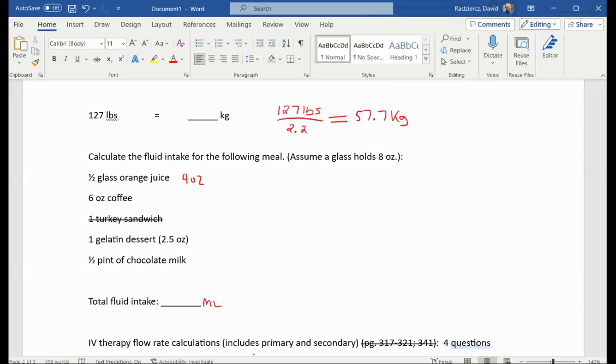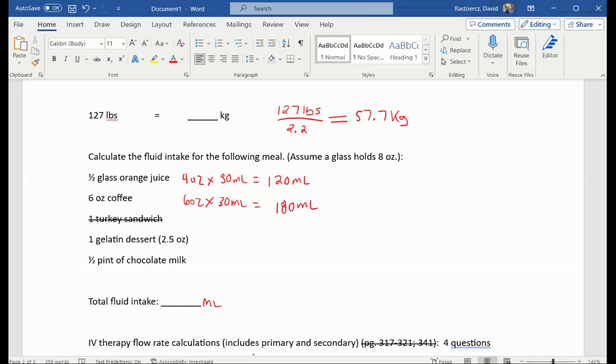We're converting ounces to milliliters. So 4 ounces, the simple way of doing this is we know that 1 ounce is 30 milliliters. So I'm just going to multiply by 30 milliliters, and I'm going to get 120 milliliters. 6 ounces of coffee, I'm just going to take 6 ounces times 30 milliliters, and I'm going to get 180 milliliters.